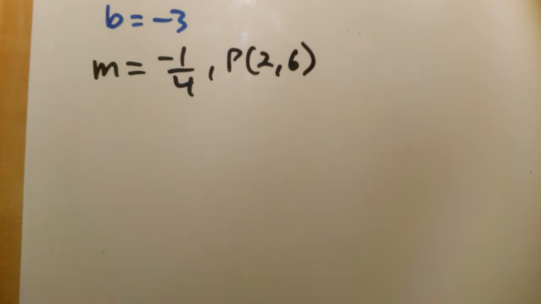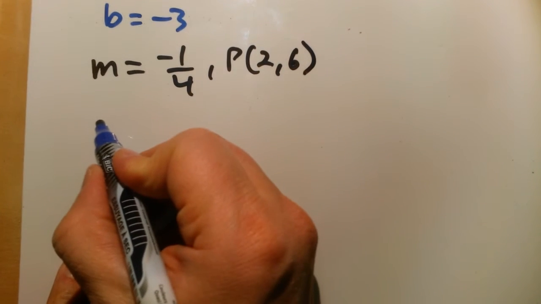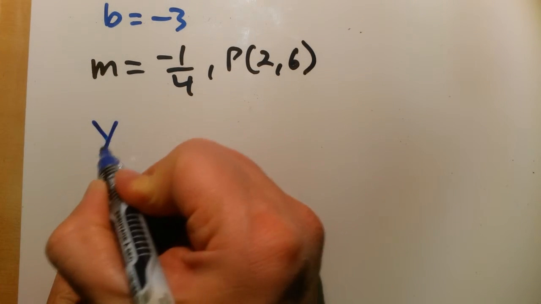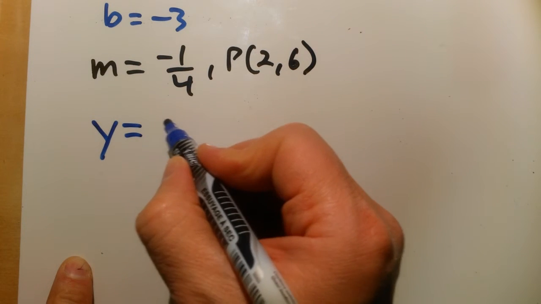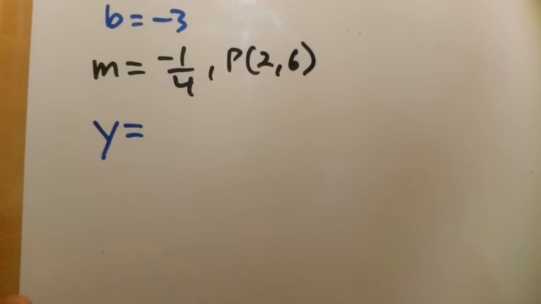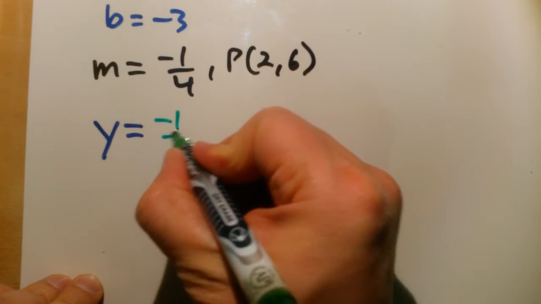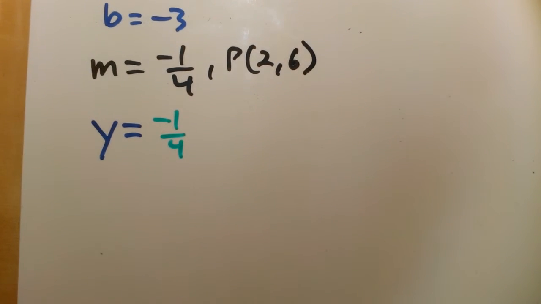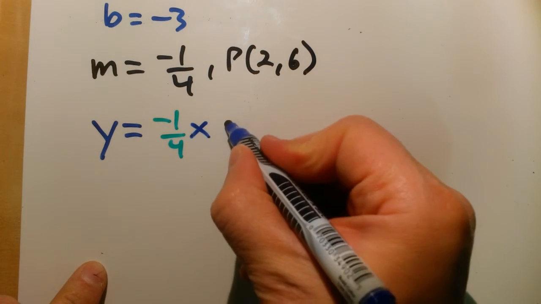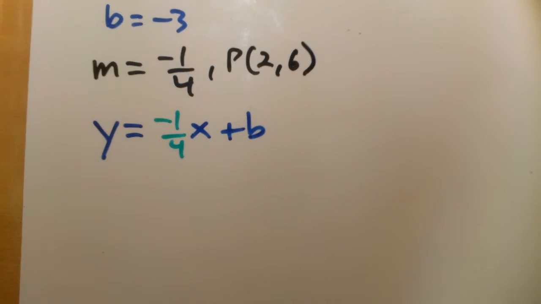So once again, we know that the slope-intercept form of the line is y equals mx plus b. They already gave us the slope, so let's start substituting. Once again, we write y equals -1/4 x plus b. And how do we find b? We use the given point.